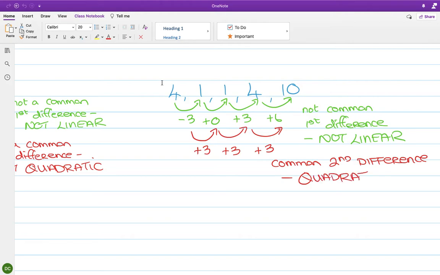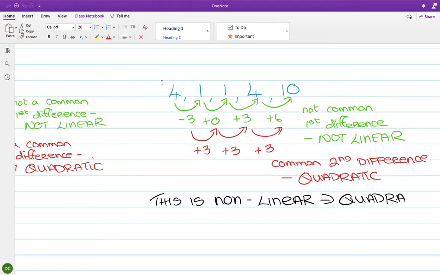So this sequence is non-linear, and I can go a little bit further and say that it's actually quadratic.